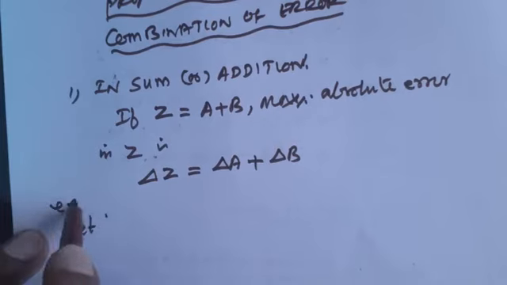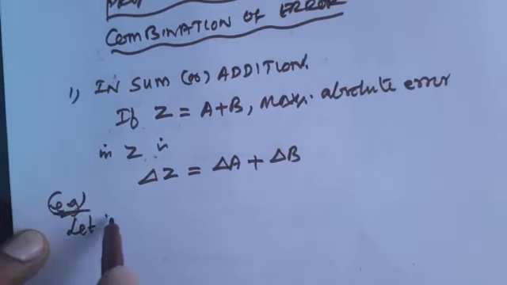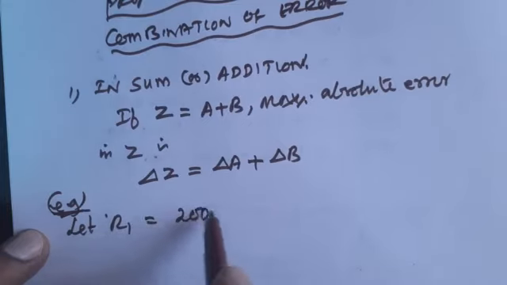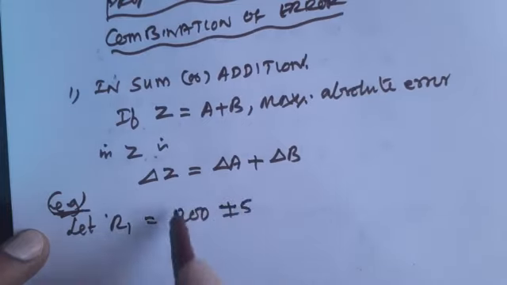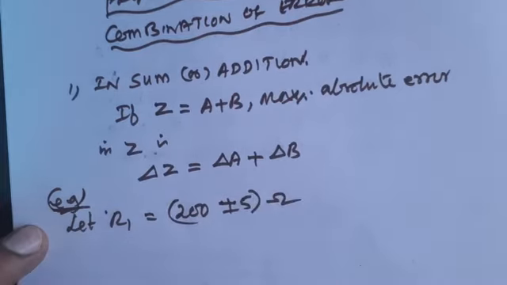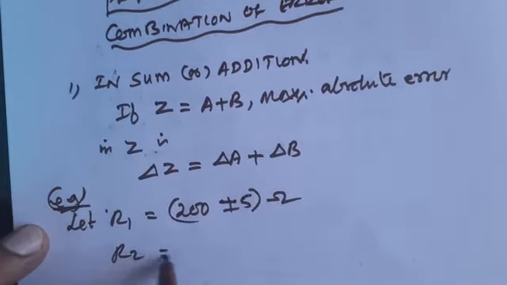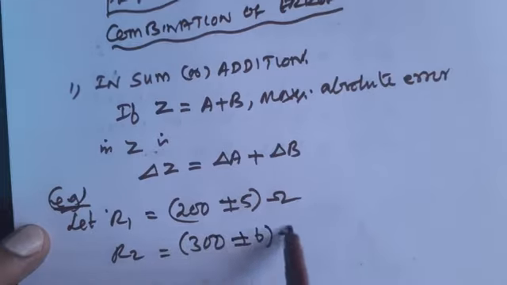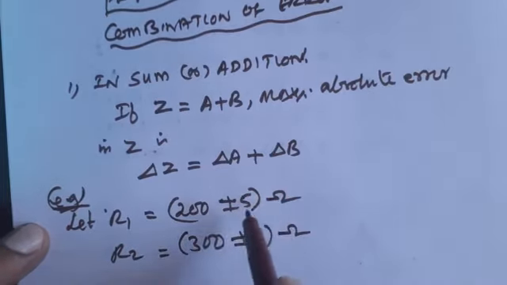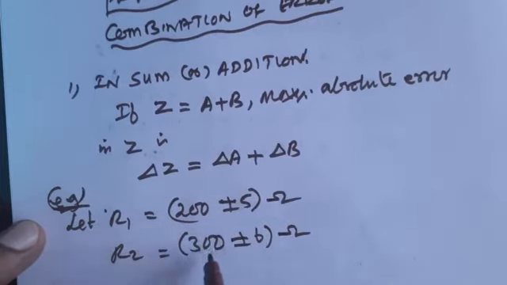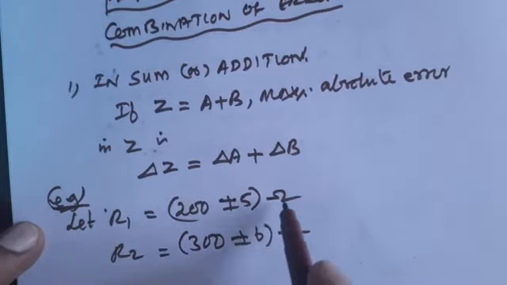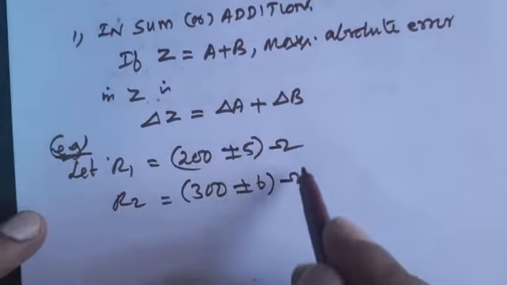Let R1 be given as 200 plus or minus 5 ohm, and R2 is equal to 300 plus or minus 6 ohms. Now we are going to find the equivalent resistance of these two.